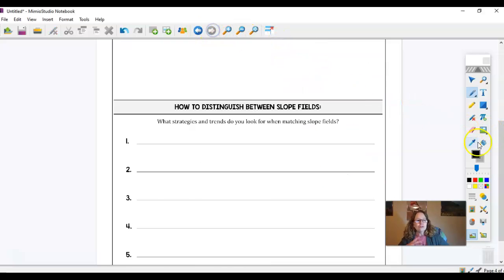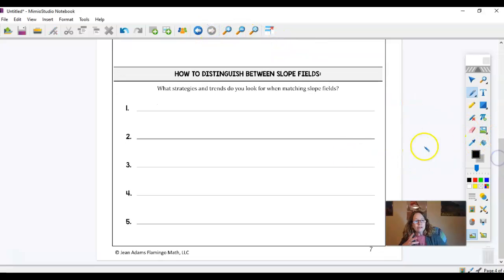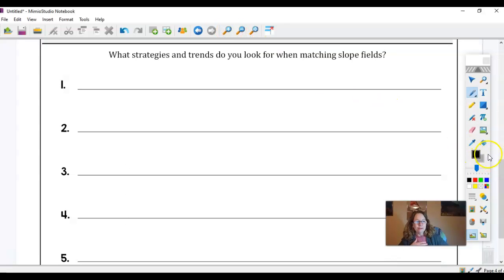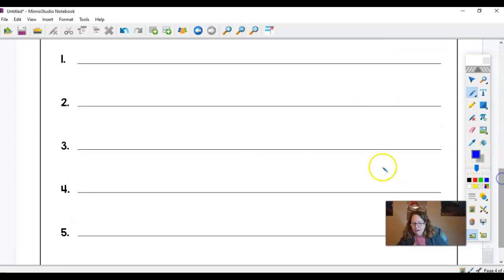So if we flip over toward the bottom here, what strategies did we end up using? The first thing: if your differential equation, dy/dx, has only x, then the slope changes left to right and not up and down.